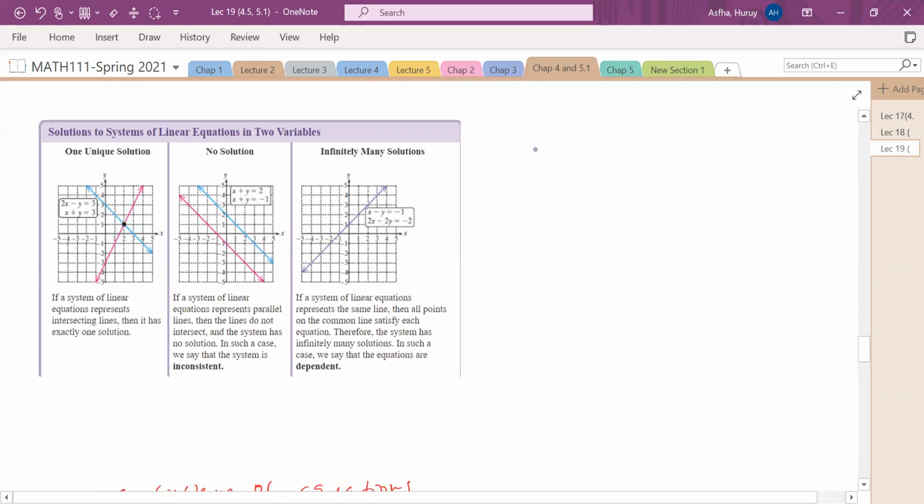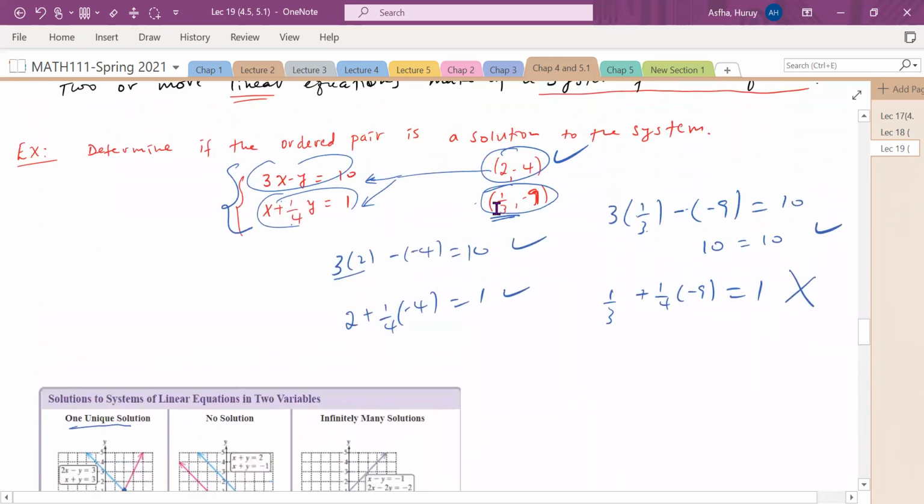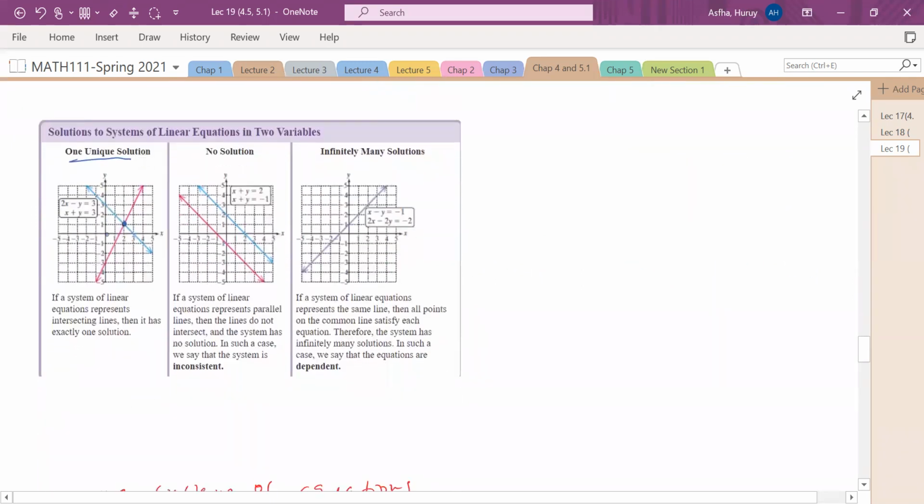The two straight lines intersect at one point. So that intersection is what we call the unique solution. That is the ordered pair, because as you may remember, a point on the plane is a representation of an ordered pair of numbers, like this one for x and y. Therefore, I can represent that point by an ordered pair.